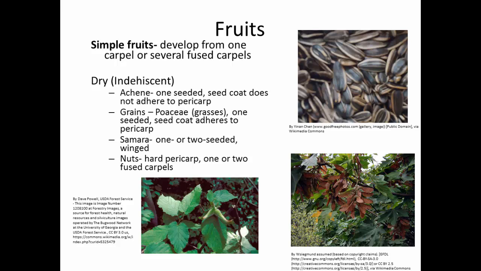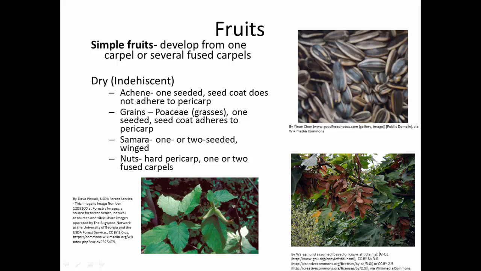The last example of a simple fruit that we'll look at is a nut. This is another dry and indehiscent fruit. It has an extremely hard pericarp that serves to protect the seed. It's often made up of one or maybe two fused carpels, and nuts include fruits like this hazelnut, which we see pictured down here.